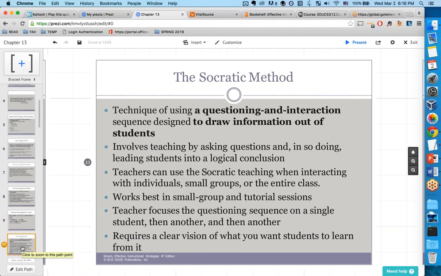All right, now we're going to talk about the Socratic method. This is a technique used in the classroom, pretty much just like a discussion technique. It's a questioning and interaction sequence. So you ask a series of questions to students, and your purpose is to draw information out of students rather than pouring information into the students.